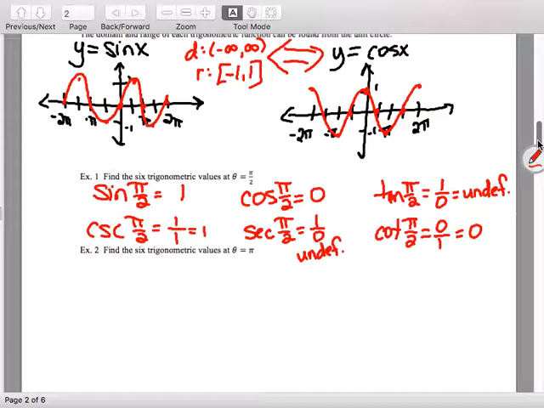All right, now you guys try example 2. Use your unit circle above and find the 6 trigonometric values of theta at pi.